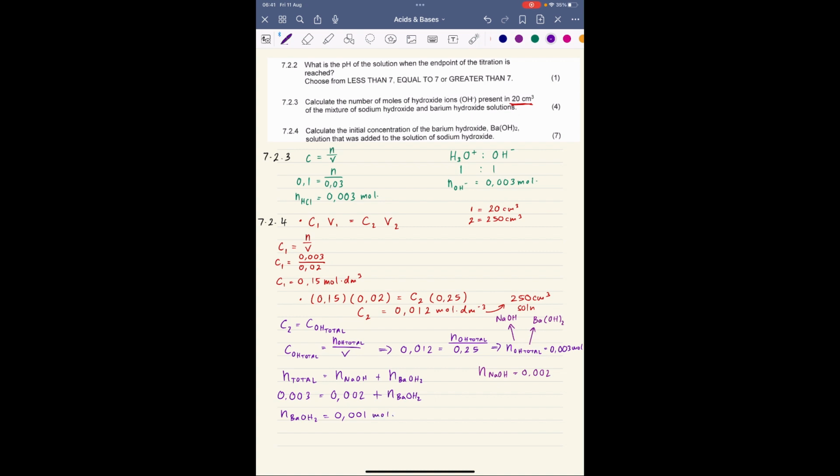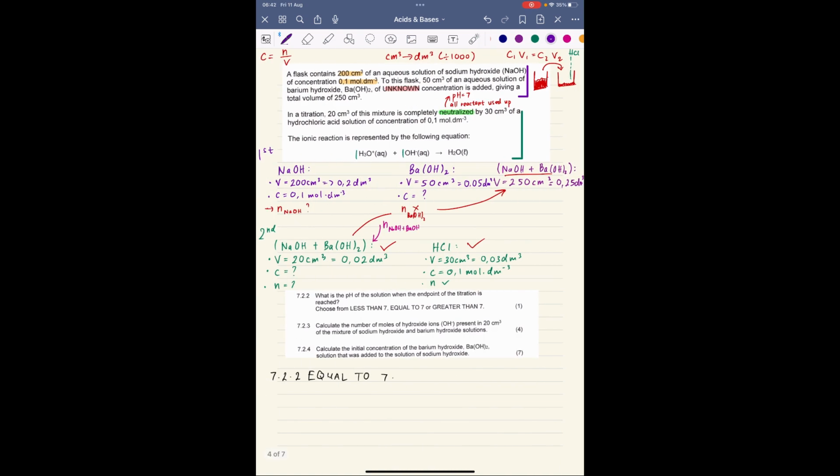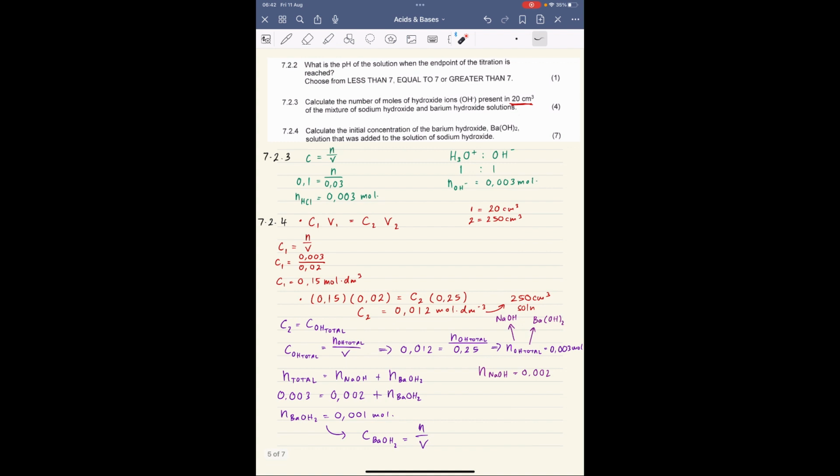After this, now we can find the concentration of Ba(OH)2, because that's what we wanted from the start. N over V. What is the volume of Ba(OH)2? It is 50 centimeter cube, or 0.05 decimeter cube. We can now find what we need here.